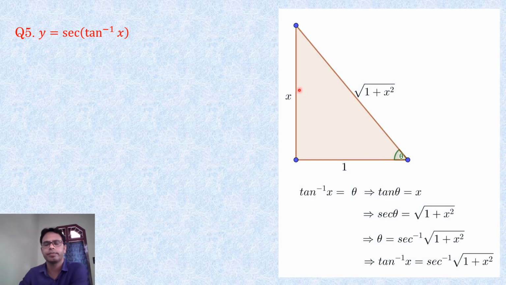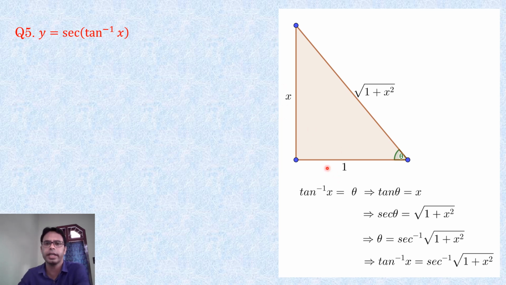You see this one, you just take tan inverse x is equal to theta. Okay, tan inverse x is equal to theta, so tan theta will be equal to x, and in a right angle triangle tan theta is equal to perpendicular by base, and here tan theta is equal to x, x means actually x by 1, so here the perpendicular is x and base is 1.